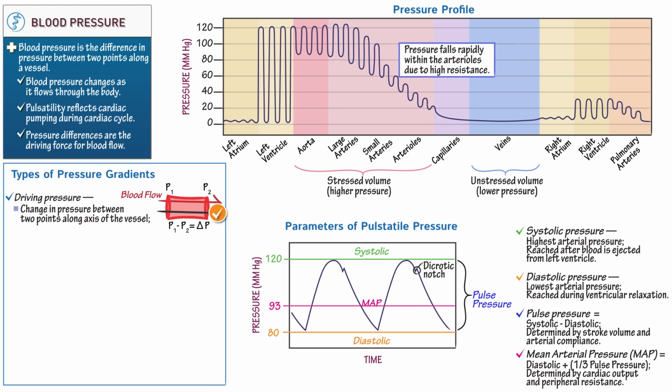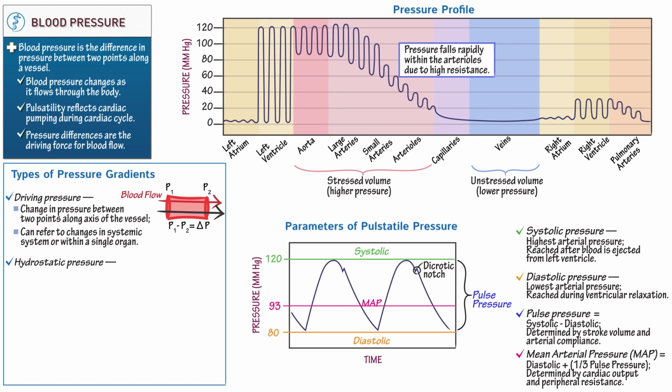P1 minus P2 equals the change in pressure between the 2 points. This is the driving pressure. Driving pressure can refer to changes in the overall systemic cardiovascular system or simply within a single organ. For example, knowing the driving pressure of the kidneys is important for understanding renal function and pathology.